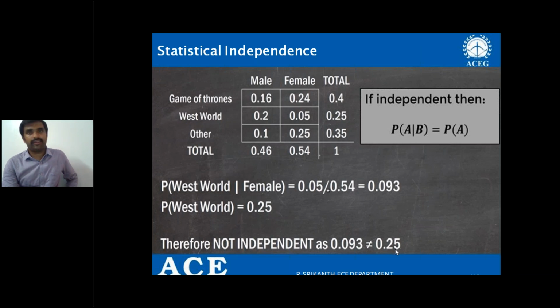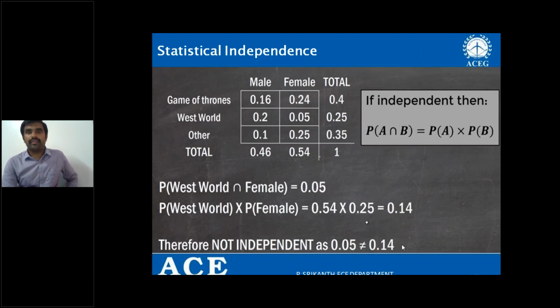Or if P of A intersection B equals P of A into P of B, then also you can say the two events are independent, right? So that is P of Westworld intersection female. We all know that Westworld and female is 0.05. Probability of Westworld is 0.25.